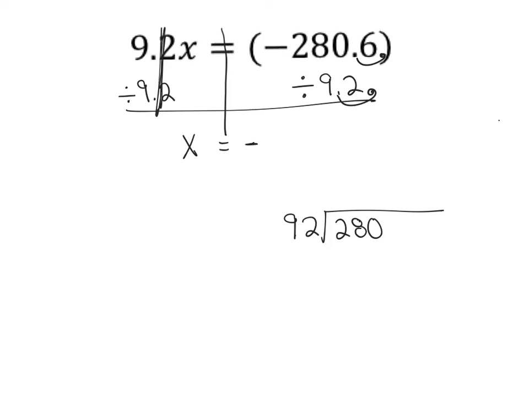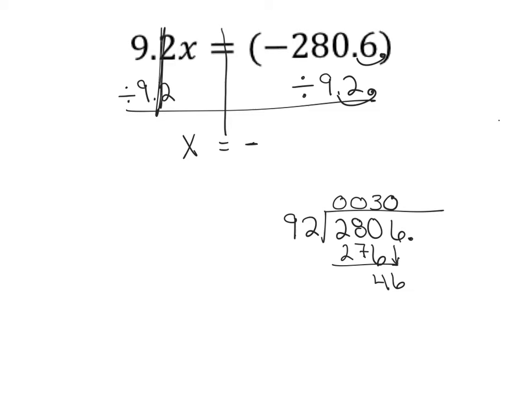So now I have 92, and we have 2,806. So 92 will not go into 2, it won't go into 28. So it will go into 280 though, 3 times, because 9 times 3 is 27. So that would be a good guess. So 2 times 3 is 6, and then 9 times 3 is 27. So we are left with 4. Bring down your 6. 92 cannot go into 46, so we need to add a 0 up here.